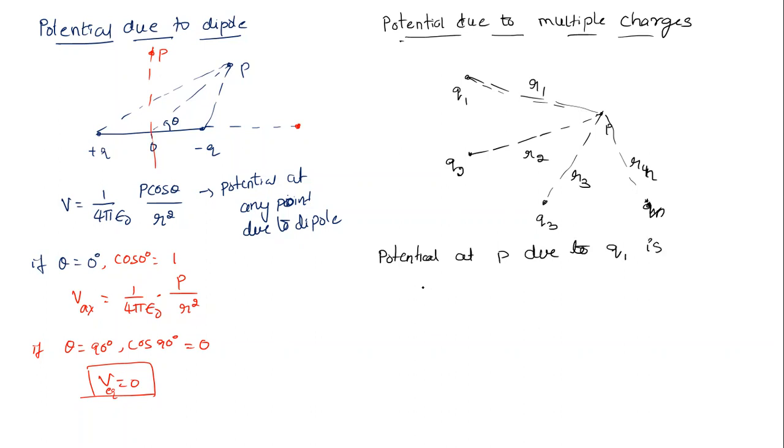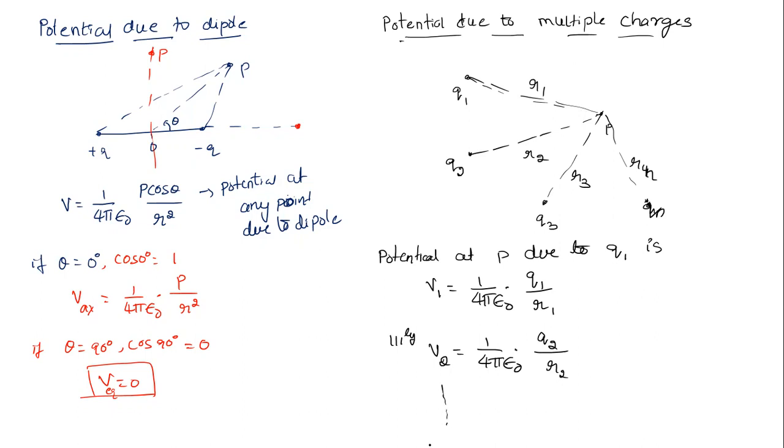V1 equal to 1 divided by 4 pi epsilon naught multiplied by Q1 by R1. Similarly, for the second charge, V2 will be 1 divided by 4 pi epsilon naught multiplied by Q2 by R2.